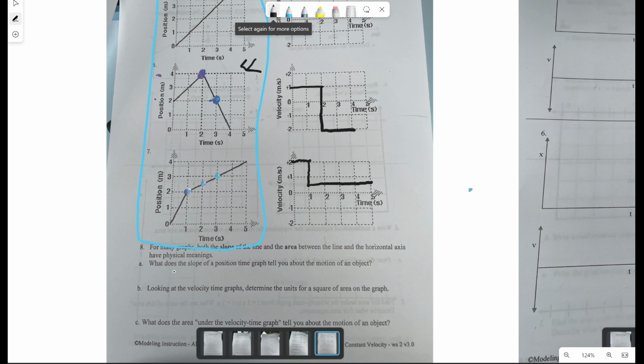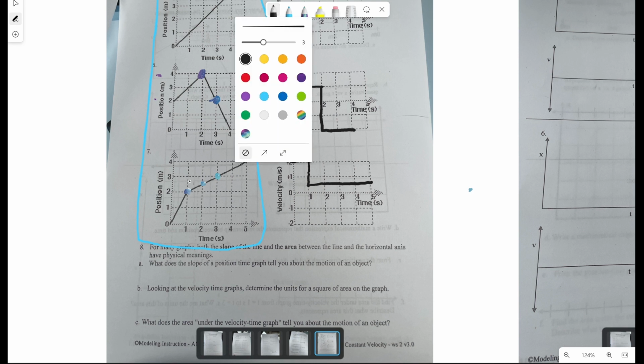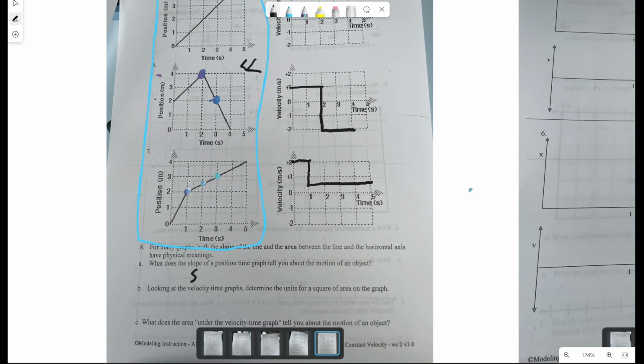So the slope of a position time graph tells you the speed. You probably want to write more than just this, though. You probably want to write a complete sentence. And again, depending on that slope, it will tell you if it's moving faster or slower. So you can write that in there yourself.